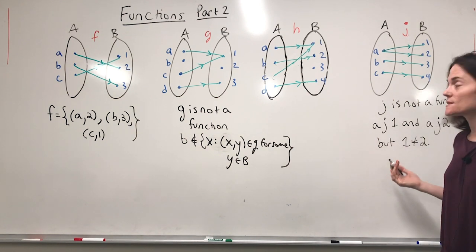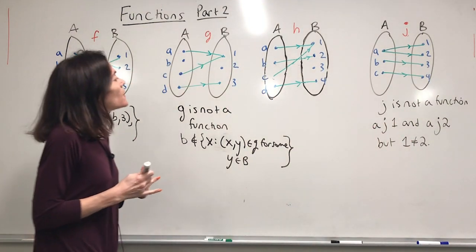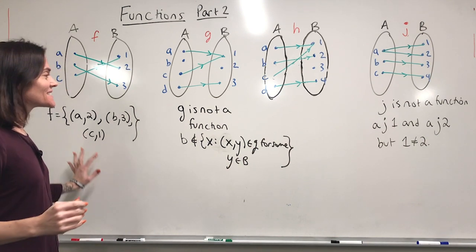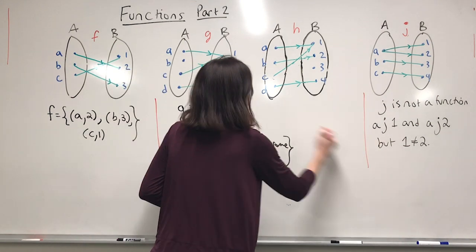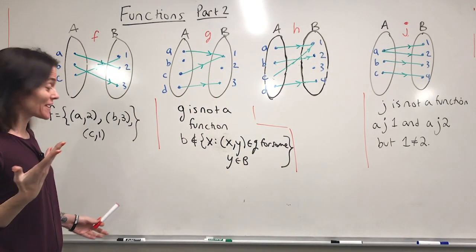Or I could have written this in terms of ordered pairs, right? But this is the second condition. Now, H and F, these are both functions. H is a function, F is a function. Maybe I need some lines here to separate where I'm just talking about these.